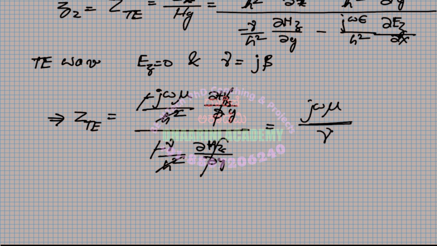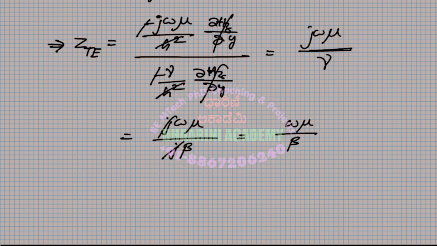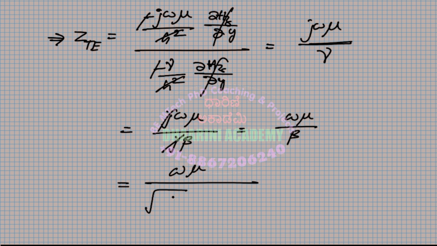Okay, now how do we simplify? Can we substitute the beta in the same fashion we did earlier? I think yes. So this is equal to, keep the omega mu as it is in the numerator, divided by, substitute for beta, I'll take a root of omega square into mu epsilon outside. Then I'll write the remaining terms as omega square minus omega c square.